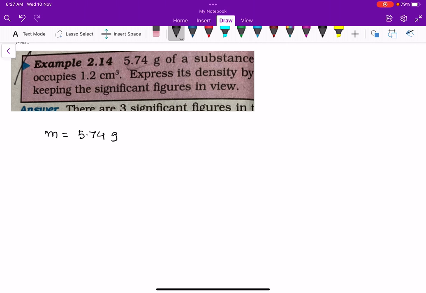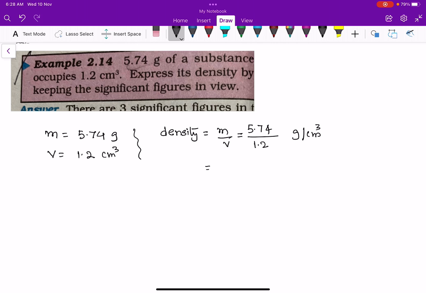Volume is equal to 1.2 centimeter cube. Density is equal to mass by volume, 5.74 grams by 1.2 gram per centimeter cube.